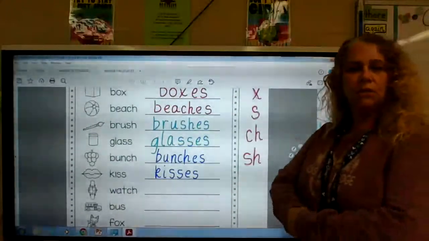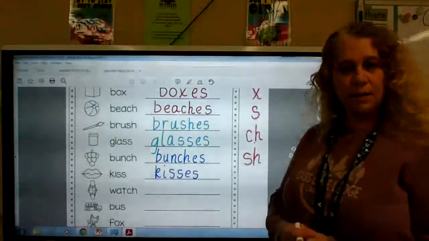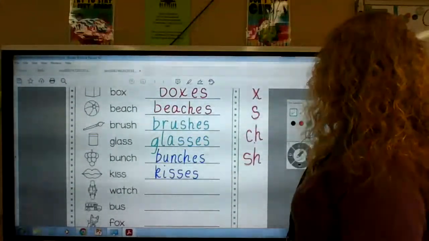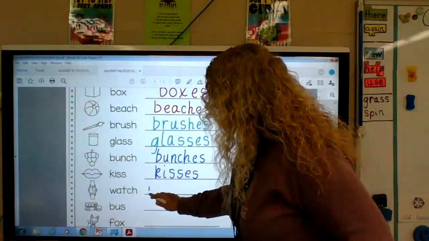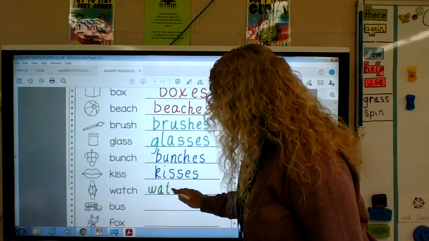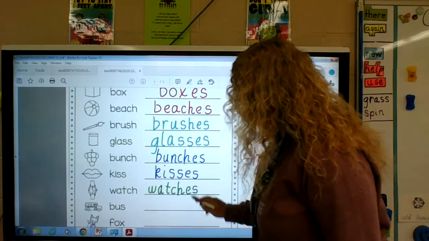Watch ends with the CH, so we need the ES. Watches. ES.